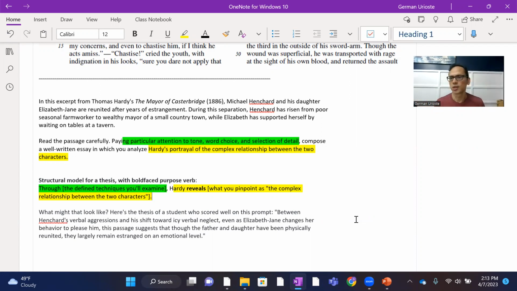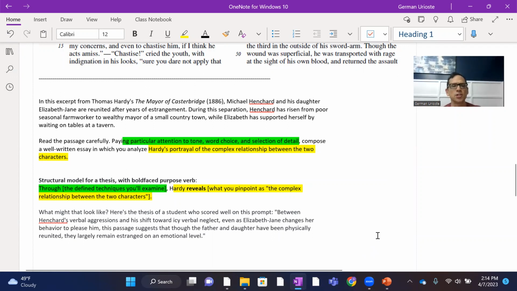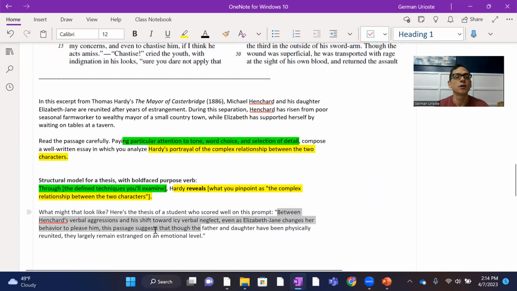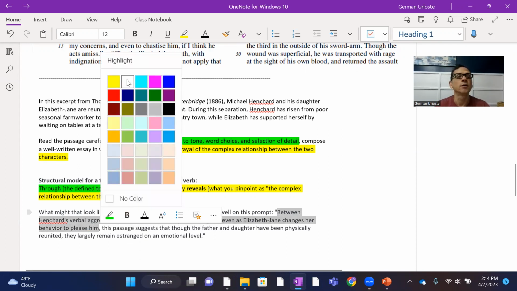So let's look at another student sample thesis, right? Between Henchard's verbal aggressions and his shift toward icy verbal neglect, even as Elizabeth Jane changes her behavior to please him, this passage suggests that though the father and daughter have been physically united, they remain largely estranged on an emotional level. So notice that the first half here is basically pinpointing the techniques I'm going to look at, right?